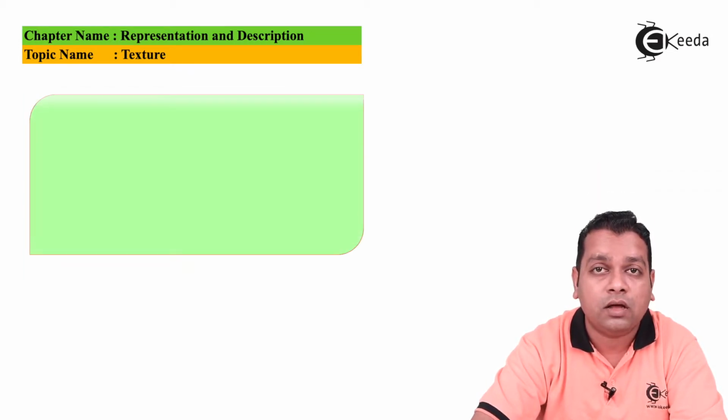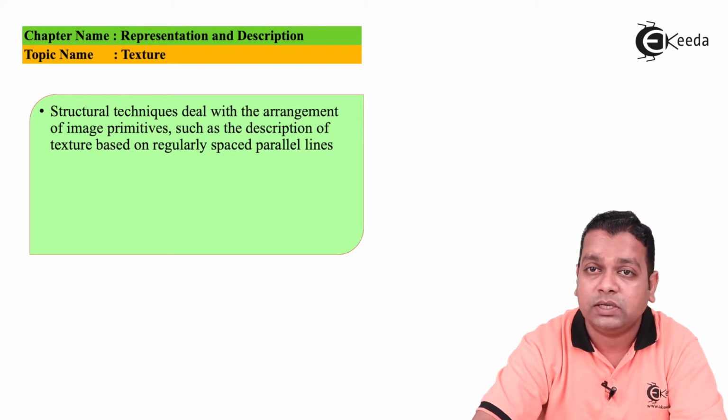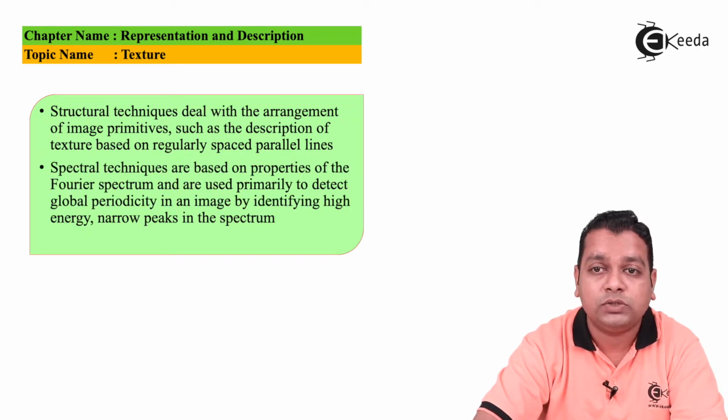The structural techniques deal with the arrangement of image primitives, such as the description of texture based on regularly spaced parallel lines. The spectral techniques are based on the properties of the Fourier spectrum and are used primarily to detect global periodicity in an image by identifying high energy narrow peaks in the spectrum.